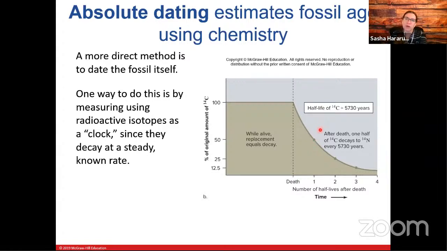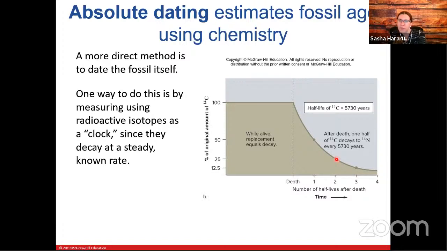For carbon 14, the half-life is 5,730 years. So after 5,730 years, there will be half of the carbon 14 content in the formerly living organism compared to the original content when the organism was alive.